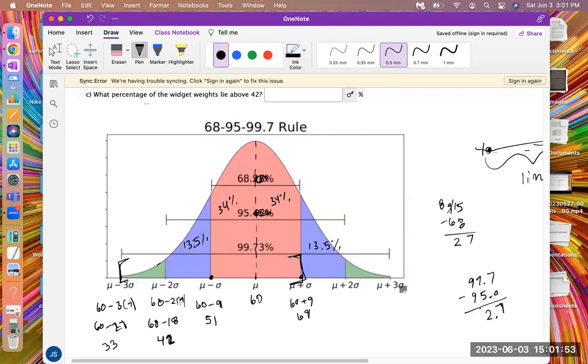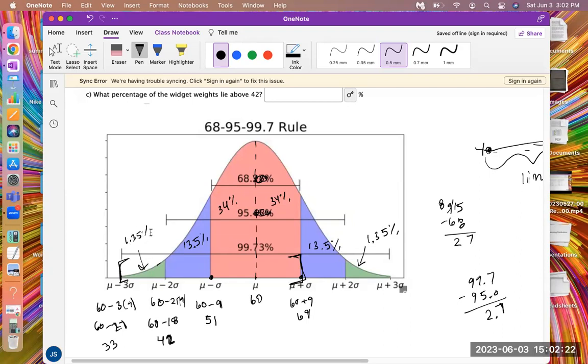So it'll be 2.7 divided by 2, which is 1.35 again. So in this region and in this region, there's 1.35% of the data.